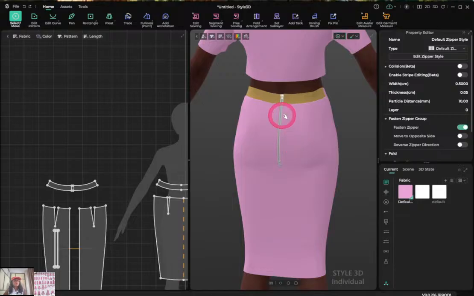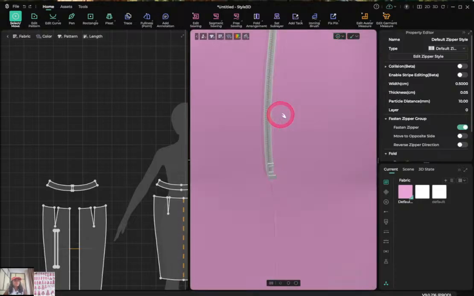Okay, now we have a zipper, so let's edit the zipper properties.